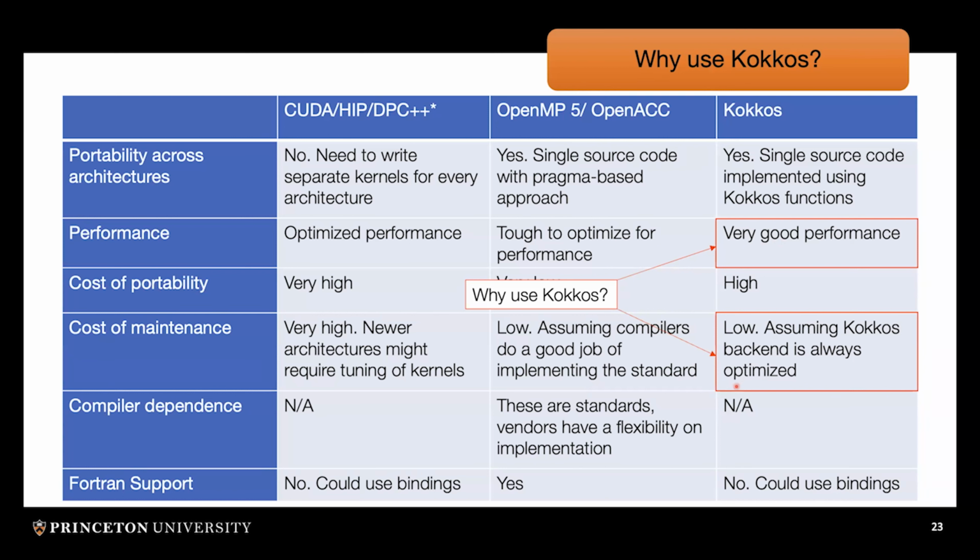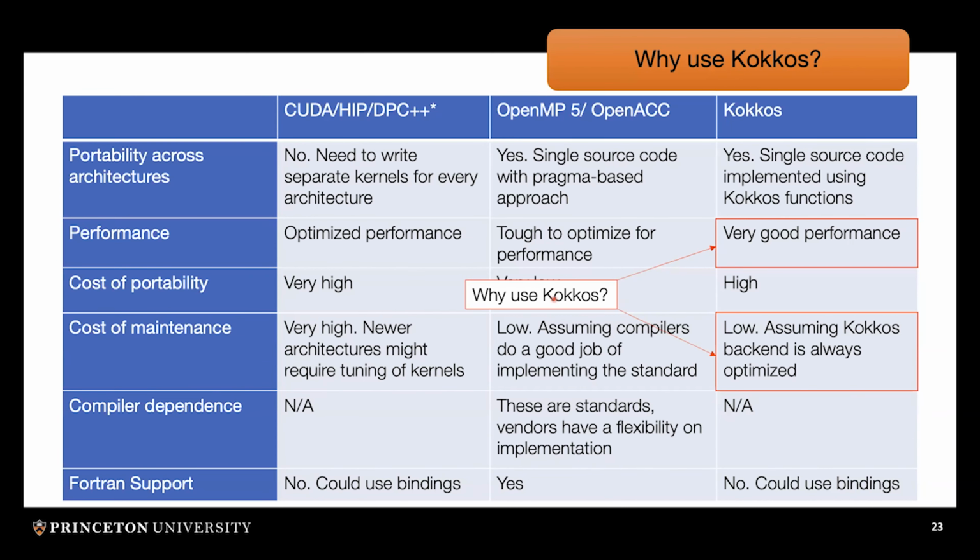If the goal is just to port a code towards a very specific GPU, and you do not care about performance as much, then OpenMP5 and OpenACC might be the option for you because the cost of portability is very low. But if the goal is to get very good performance while keeping the maintenance for future versions very low, that is the time when Kokkos shines.